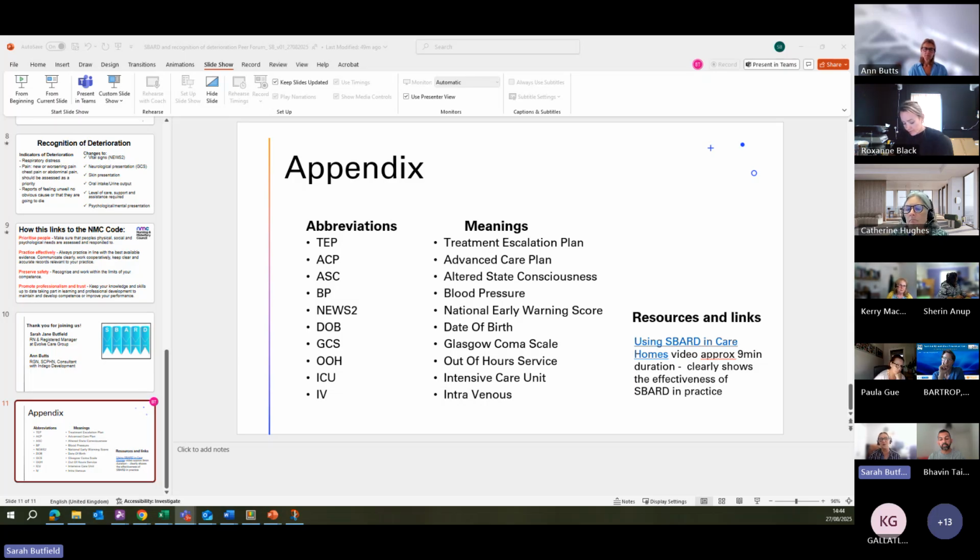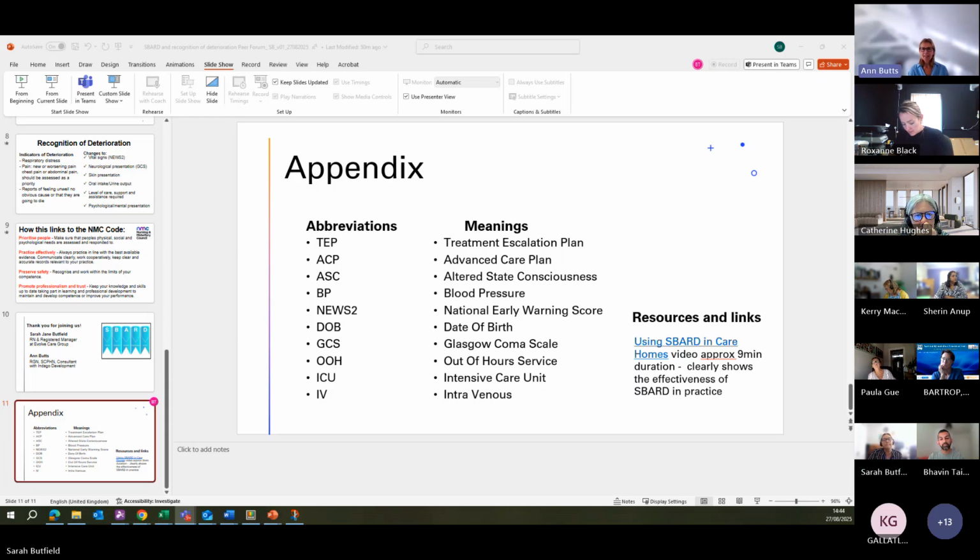But actually, during that campaign, trying to get people to think sepsis did on some occasions sideline some other conditions, because we were all focused on the one thing. So I think SBARD is one of those tools that helps you to keep an open mind and actually just gather everything, so that you can have a real good umbrella view of what you may be dealing with.